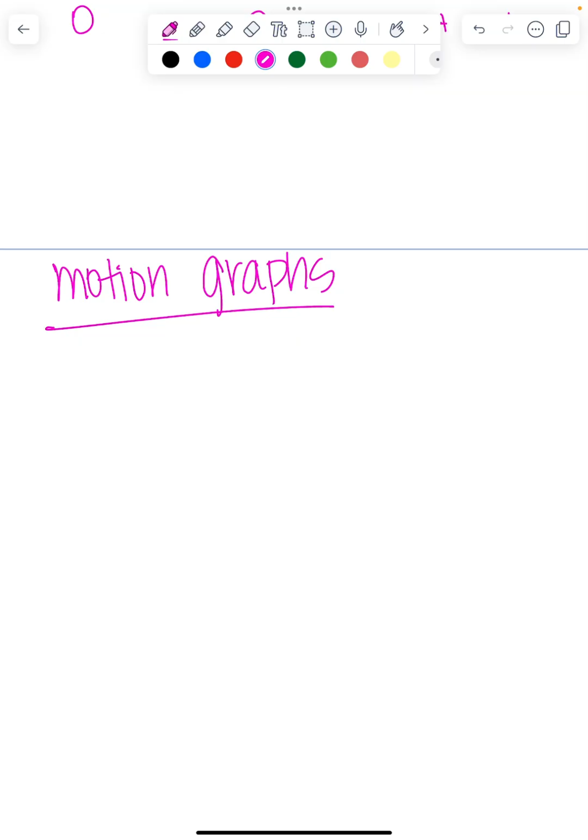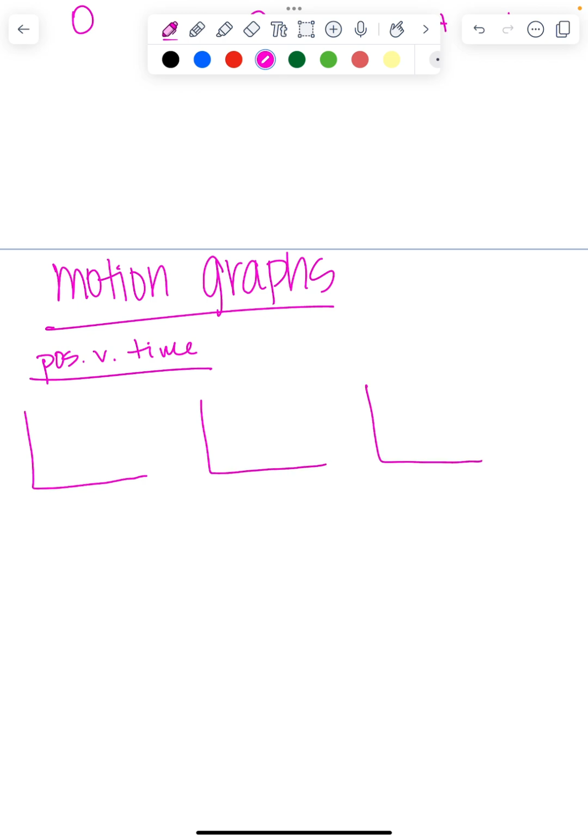So far we have position versus time. And in position versus time, we have 3 separate shapes for a graph. We have a horizontal line, then we have a straight diagonal, and then we have seen a curve.